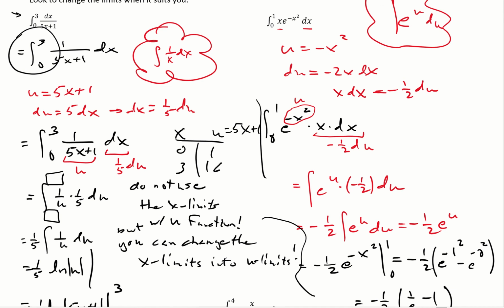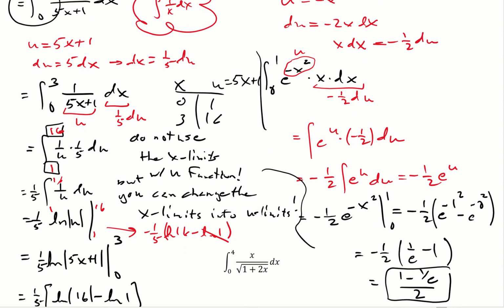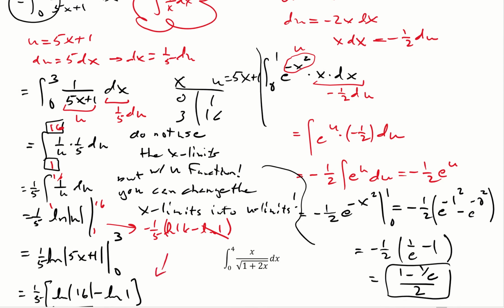And you can change these limits to 1 to 16, and some of the math is done. So you could actually apply the limits 1 to 16 here, 1 to 16 here, and then jump out and go, my answer is minus 1/5, natural log of 16 minus natural log of 1, and get the right answer. So, changing the limits.